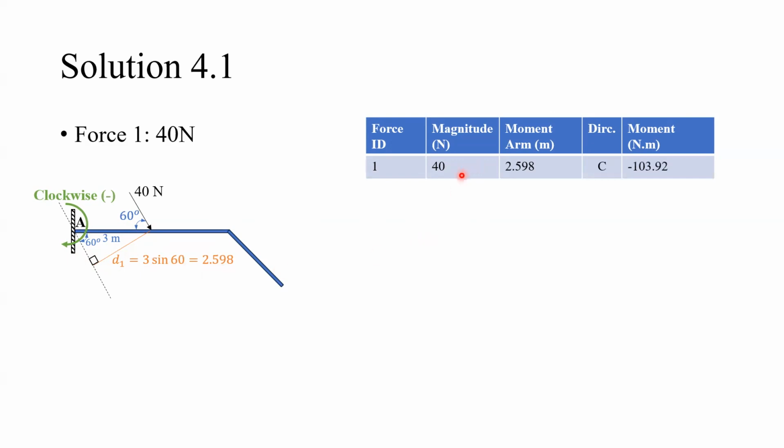If we multiply that perpendicular distance by the force magnitude, we get the moment, 103.92. Also, I put the negative sign here because our force rotates in the clockwise direction.